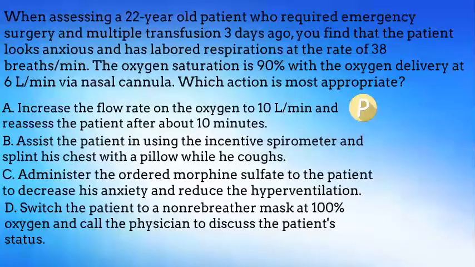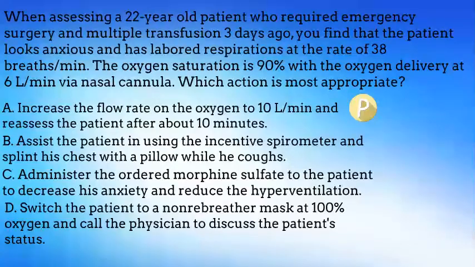Option C, administer the ordered morphine sulfate to the patient to decrease his anxiety and reduce the hyperventilation. This answer is suggesting that the patient is breathing very rapidly due to anxiety, and that if we just give him some morphine for his anxiety, he will stop. So this actually falls under psych, which leaves option A as our priority.